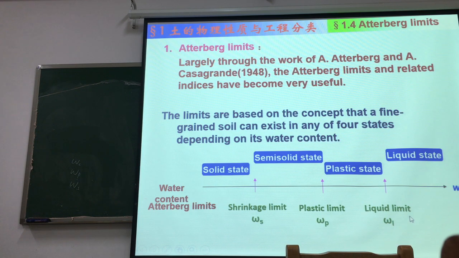Maybe the liquid limit is the upper bound limit, and the plastic limit maybe the lower bound limit. Okay. But this applies to fine-grained soil or cohesive soil, not for cohesionless soil or coarse-grained soil. Okay.